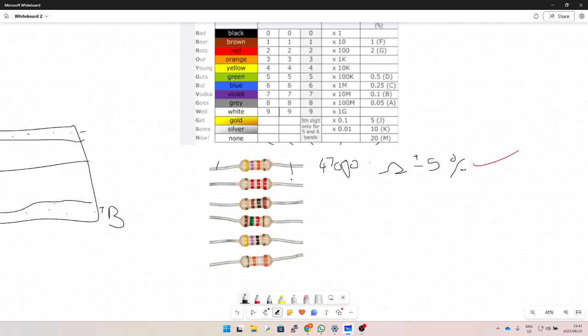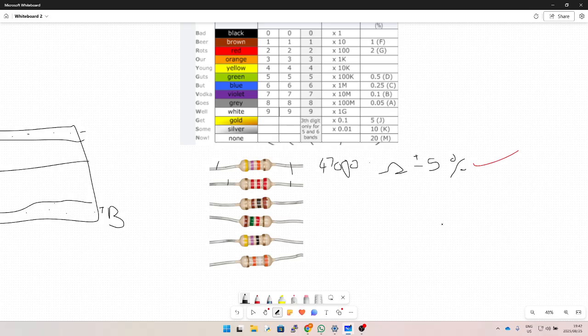Right. Now, for the next one, you need to be careful because it's reversed. You'll see that there's still four bands, but where's my gold value? It's on the other side. So who can tell me what's going on here? What's my ohm value? Let's pick a random person.